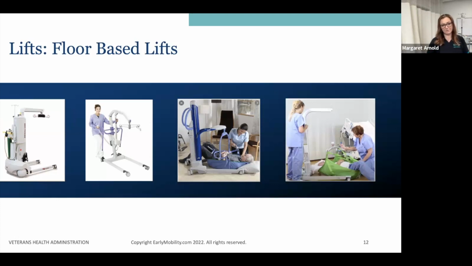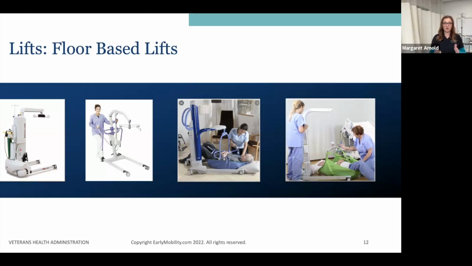The difference between a ceiling lift and a floor-based lift is somebody has to watch where the floor-based lift goes, and you have to manage the size and dimensions of the floor-based lift, and you have to be able to get wheels around chairs. So you also want to look at whether the lift feet go in and out, or the base of the lift goes in and out.